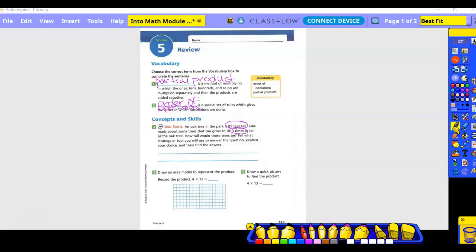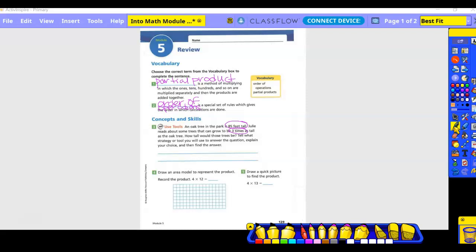Okay, so we could do the partial product way, where you break each of the place values apart, right, which also could be the distributive property with like the boxes, right, okay. We could use number cubes if we wanted to, or we could just use the regular strategy, right, okay.